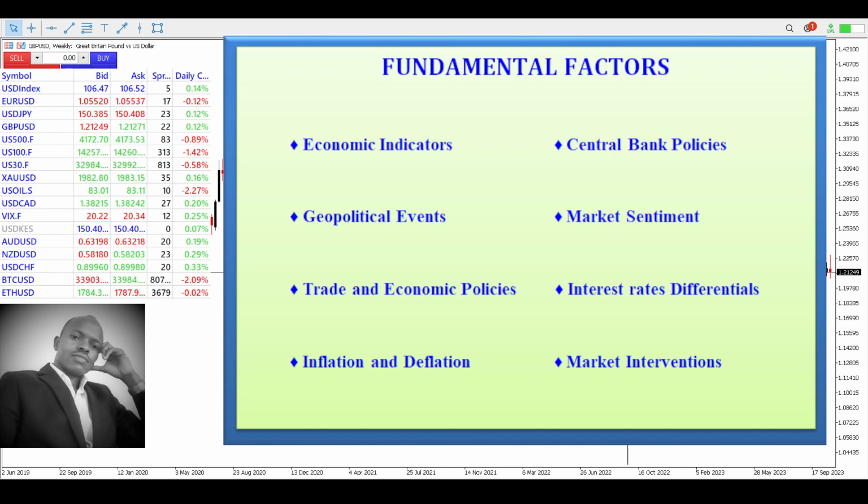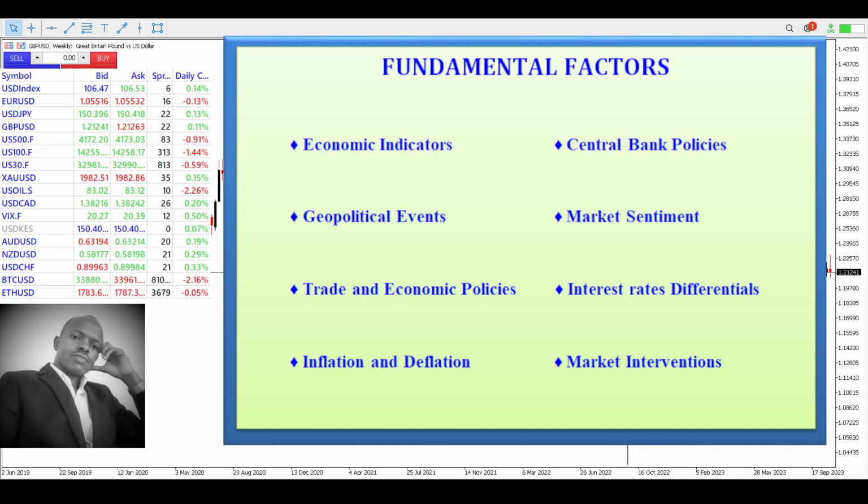Then we have the other factor, interest rate differentials. Differences in interest rates between countries can attract investors seeking higher yields. Currencies from countries with higher interest rates may appreciate as a result.